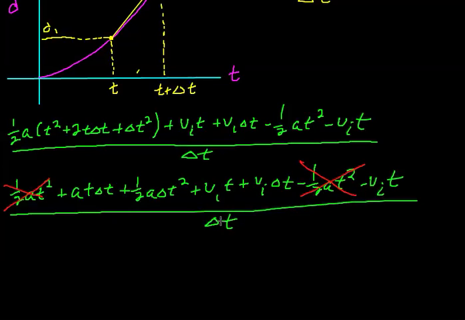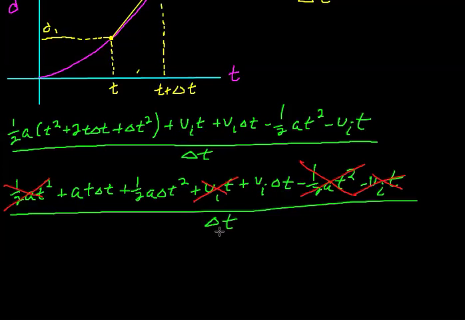There's a vit right there and a minus vit right there, so that's going to go away. That's nice too. So what do I have? I have at delta t plus 1/2 a delta t squared plus a vi delta t, all over delta t.